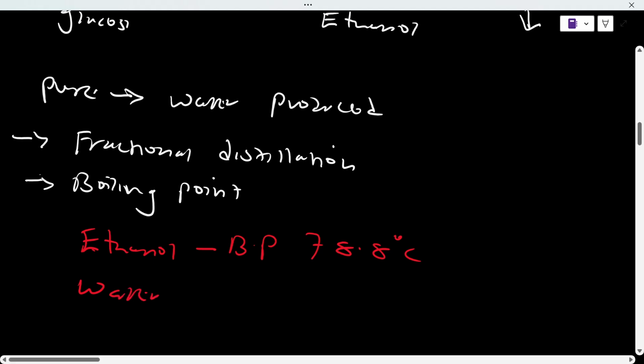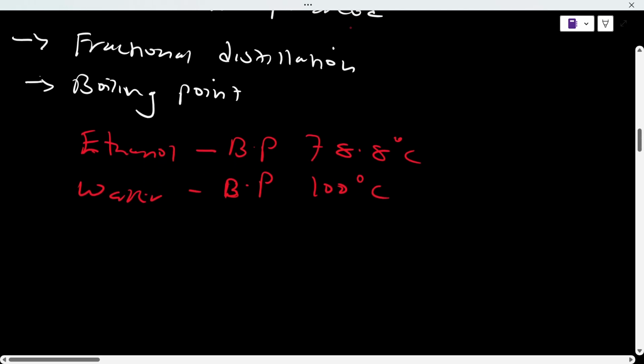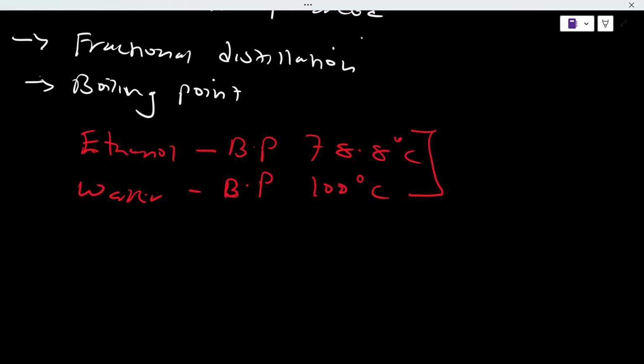Water, which is majorly impurity during this reaction, has a boiling point when pure of about 100 degrees Celsius. So meaning these two substances have close but different boiling points.